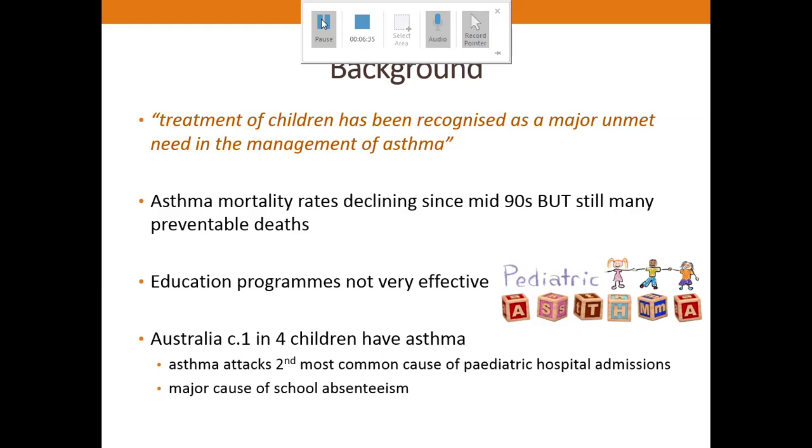In Australia, so there's some statistics here. In Australia, 1 in 4 children have asthma. Asthma attacks are the second most common of paediatric hospital admissions. So for children, the second most common reason that they get admitted to hospital is because of asthma, and it's also a major cause of children missing school.